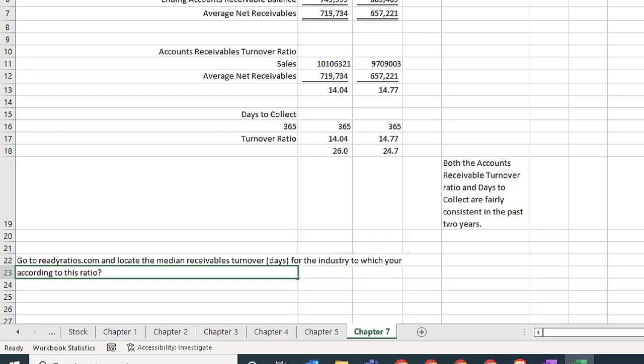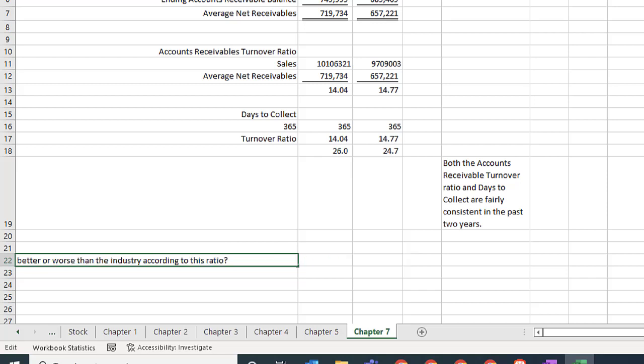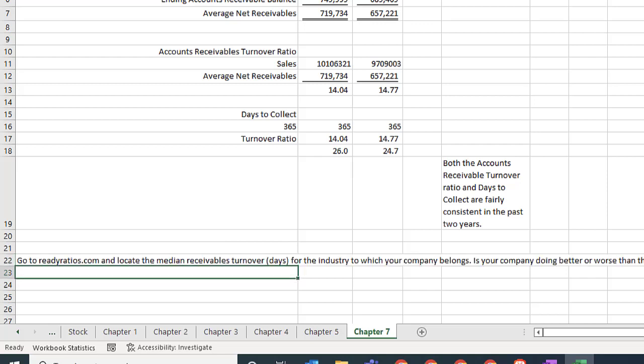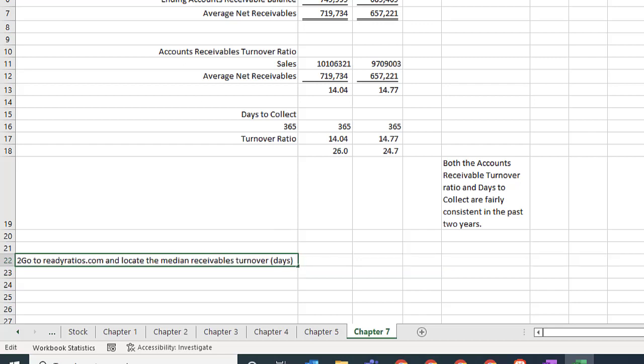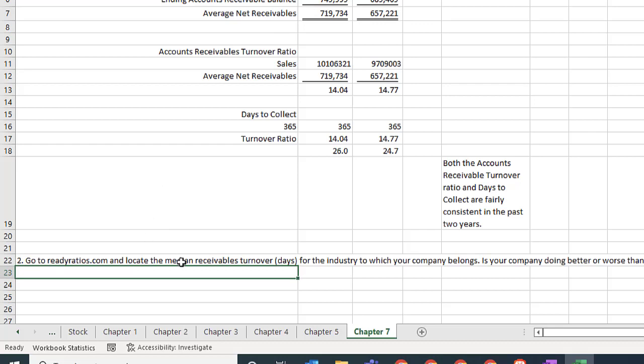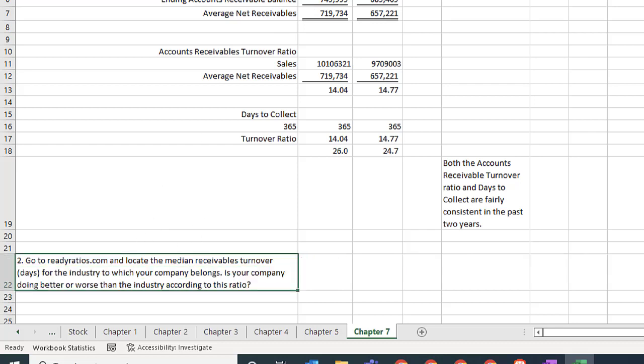So I can word wrap it and have it look better, I'm going to copy that up to 1 line. Okay, so it says go to Ready Ratios and locate the median receivables turnover to which your company belongs.